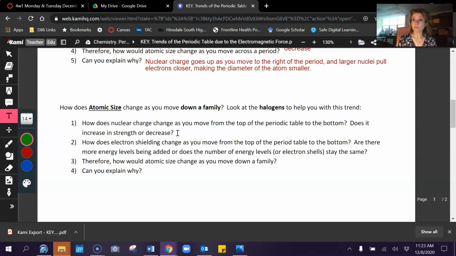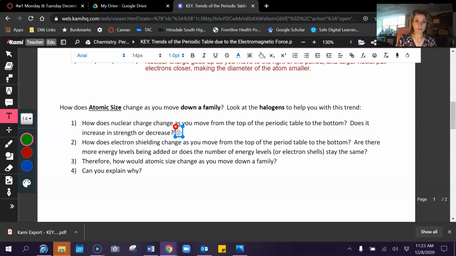And if you go down to bromine, it has 35. So what's going on with nuclear charge as you move from the top of the family to the bottom? It's increasing. So nuclear charge is going to increase because atomic number increases.